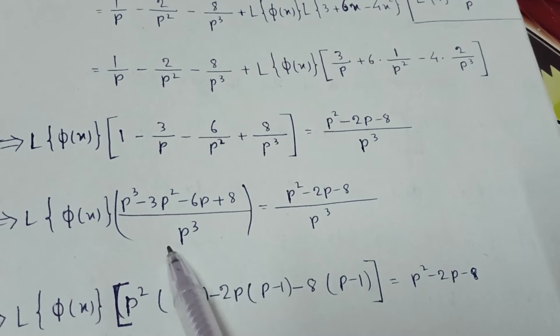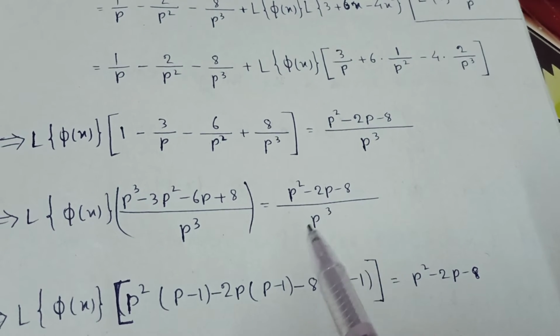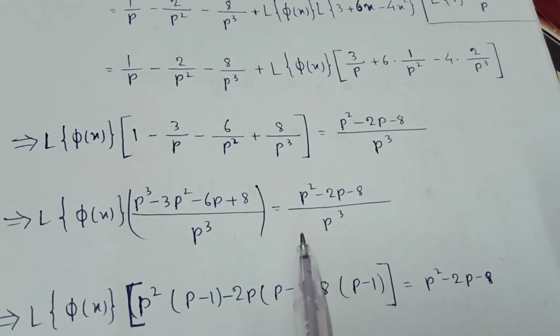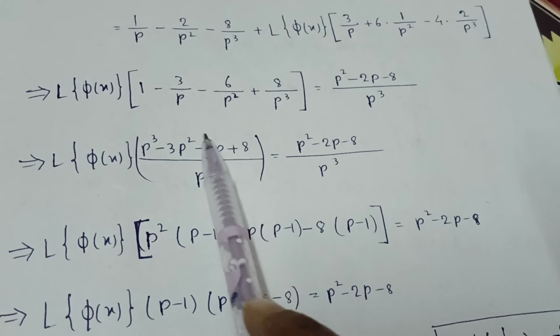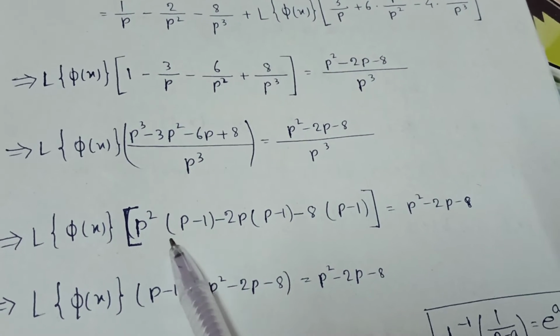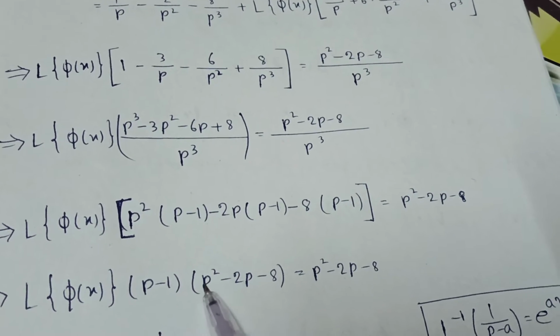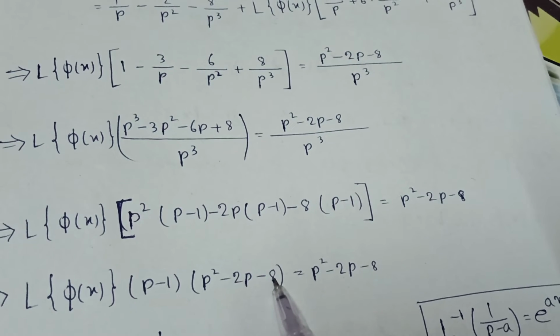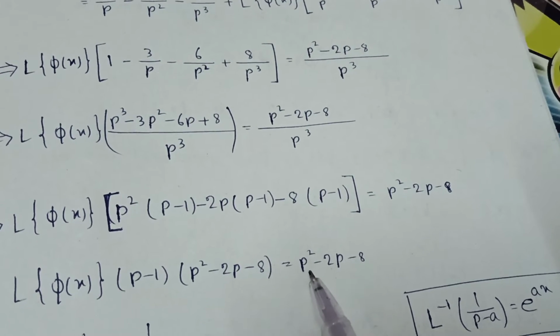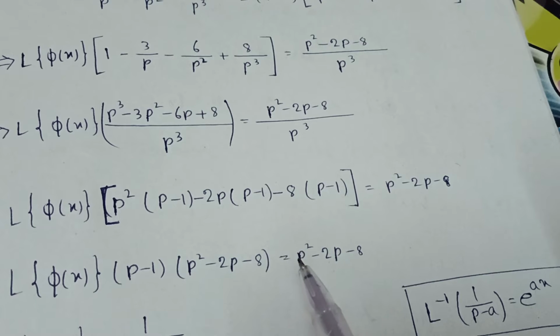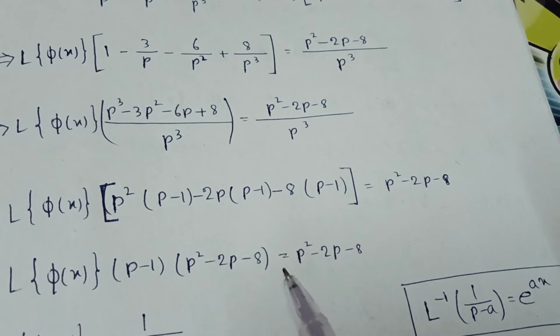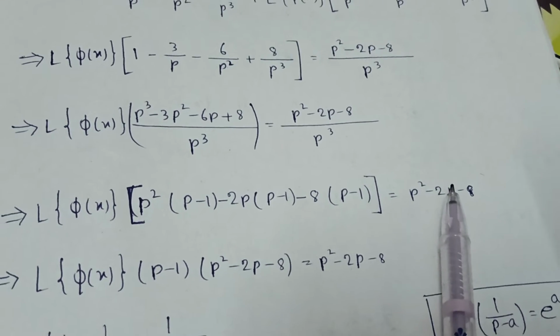This p cubed gets cancelled with this p cubed. Now factorize the numerator, which becomes p minus 1 times p squared minus 2p minus 8. On the right side there is also p squared minus 2p minus 8, which gets cancelled out.